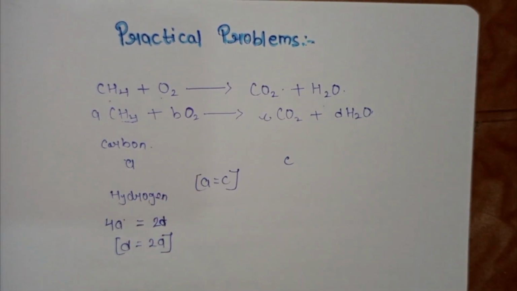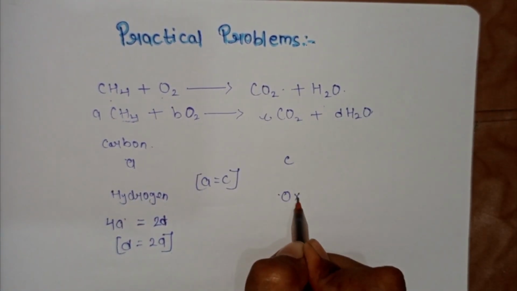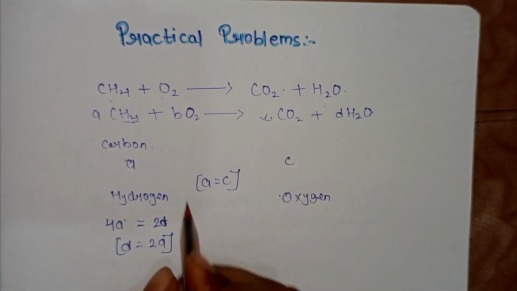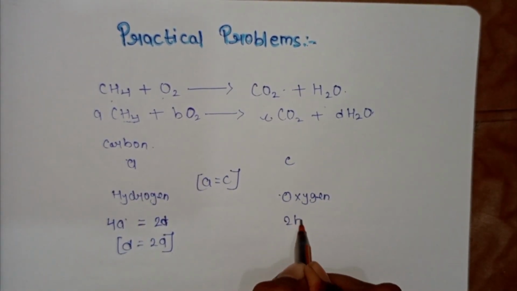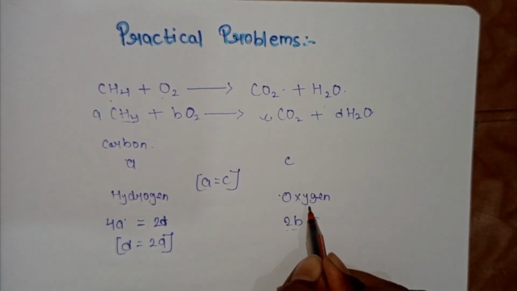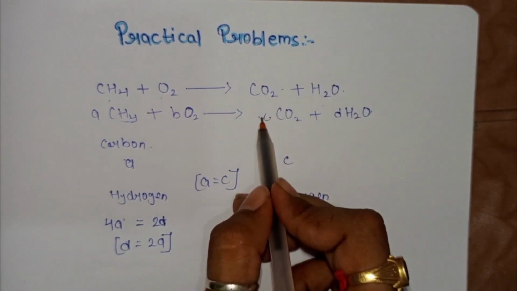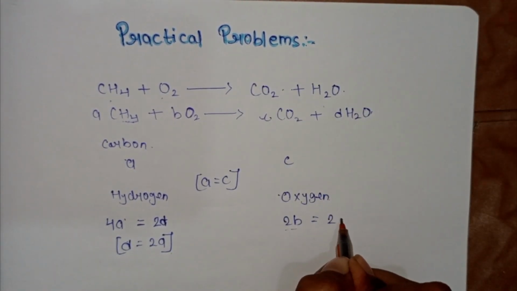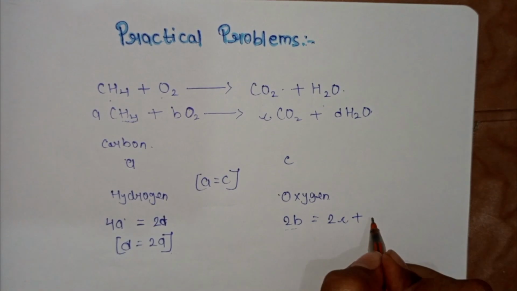Now for oxygen, 2b on the reactant side is equal to the product side, so here oxygen is 2c plus 1d.